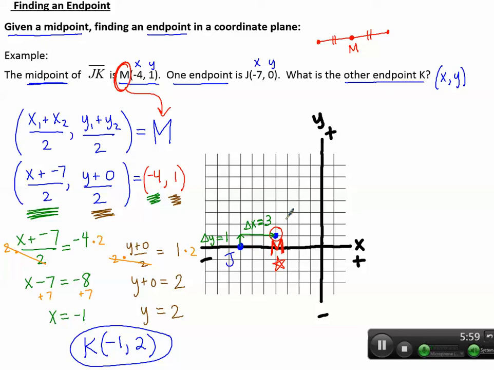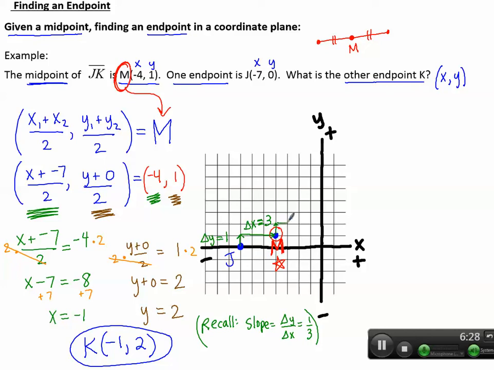Recall, this kind of looks like slope. Do you remember that slope is change in y over change in x? In fact, the slope of this line is 1 over 3, if we needed to know the slope. We're trying to find the other end, so let's keep counting that slope. We went up 1 and over 3, so we do it again.